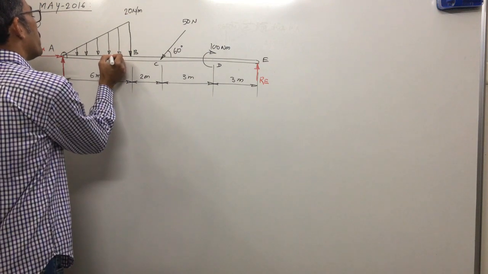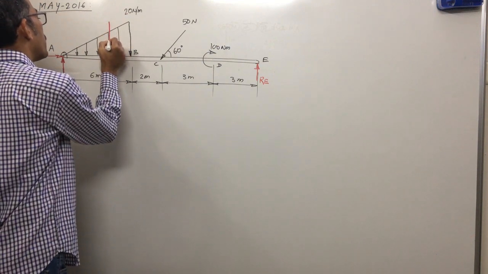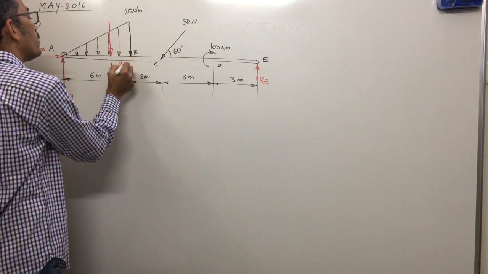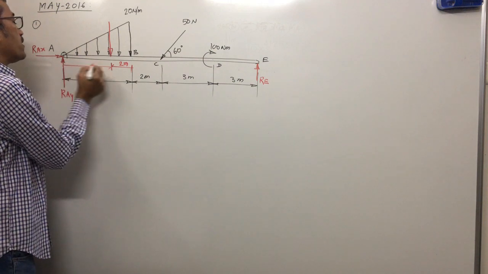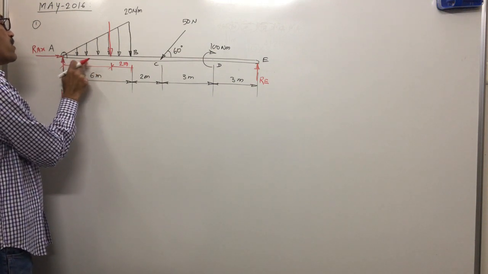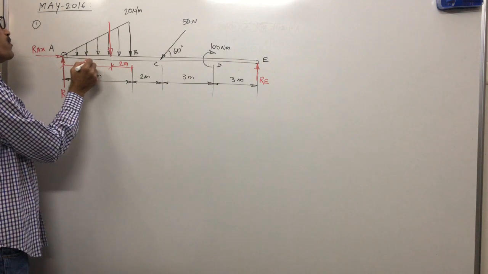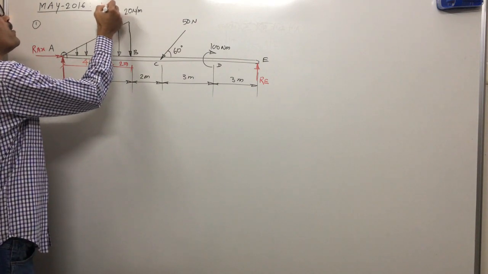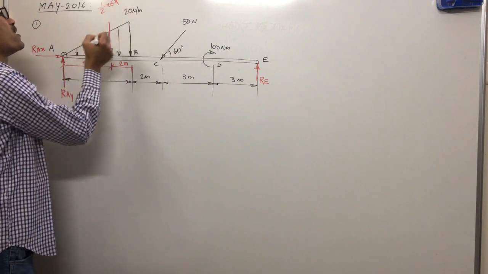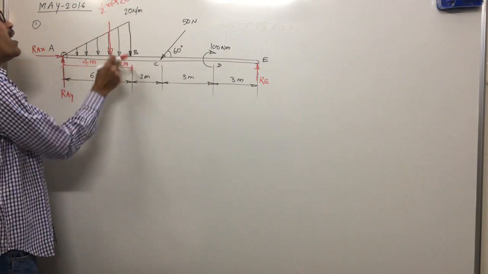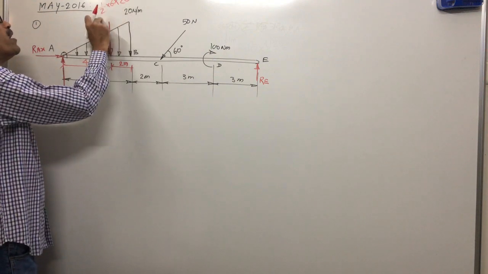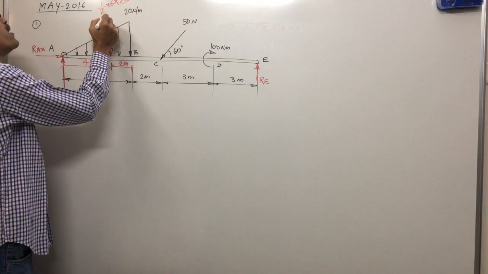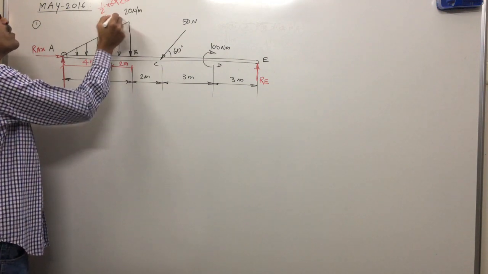From end B, 1/3 of 6 comes out to be 2 meter, and the other distance is 6 minus 2, which is 4 meters. The magnitude of this load is half base times height, WL by 2, which is 20 into 3, 60 Newton.